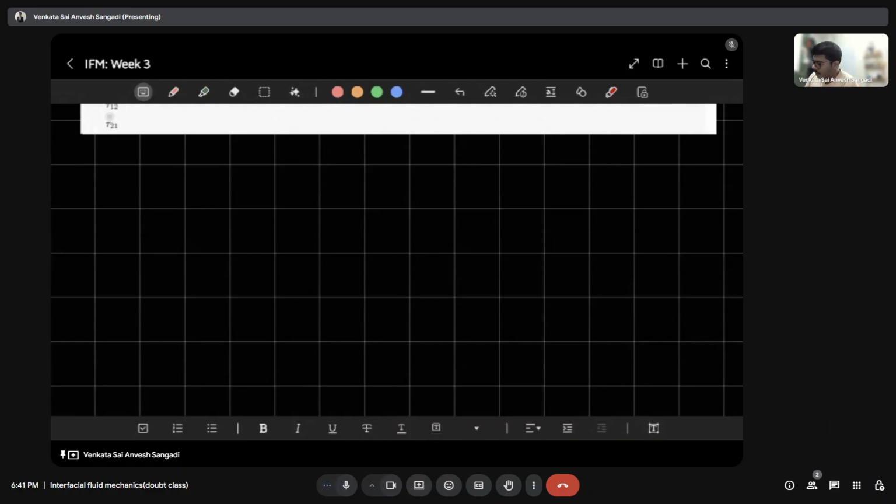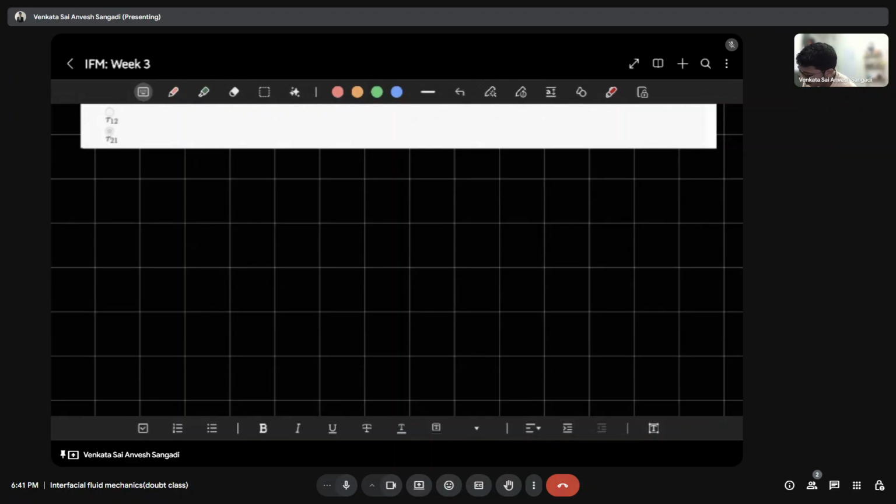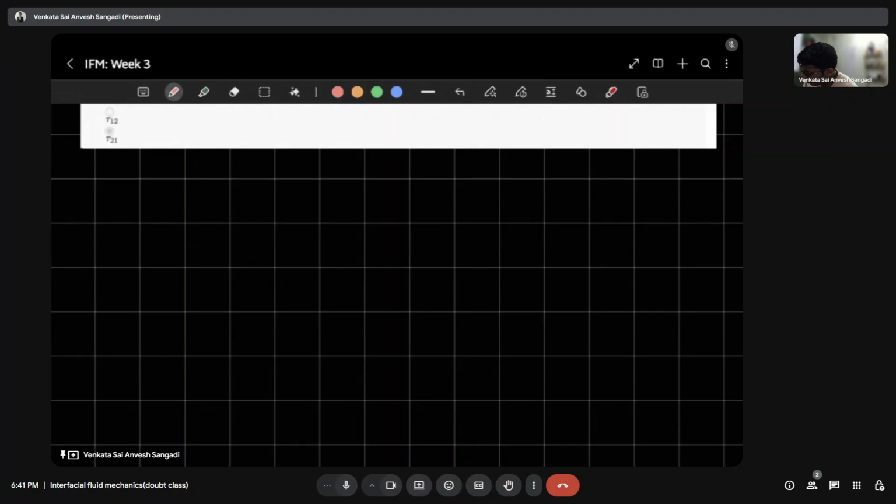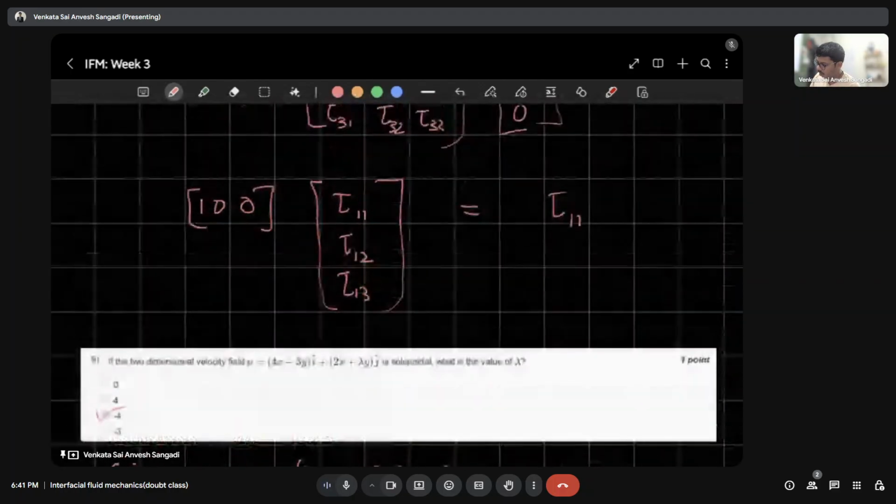So we have given n hat and t hat, and tau is given. We can copy our tau from here.